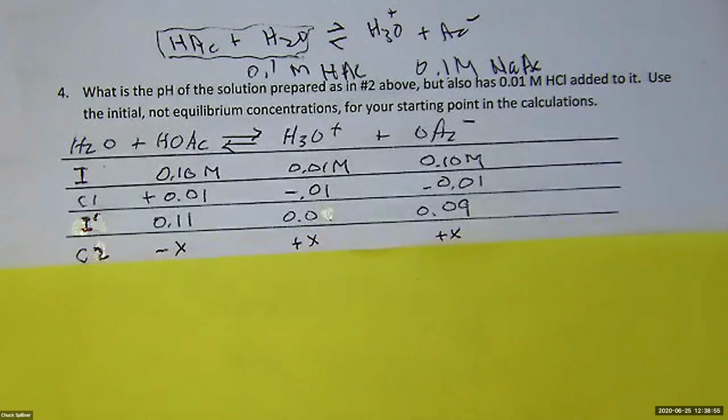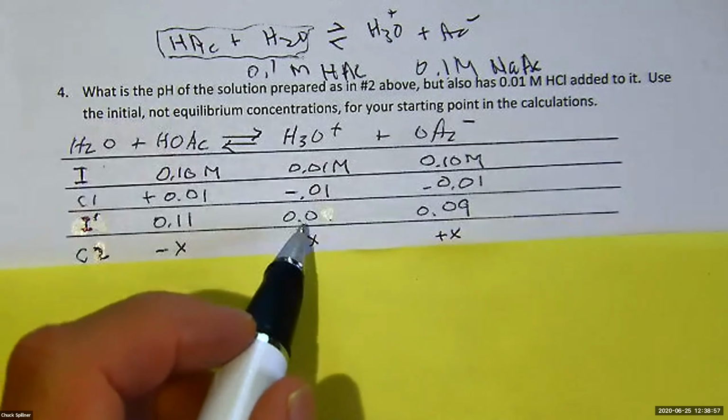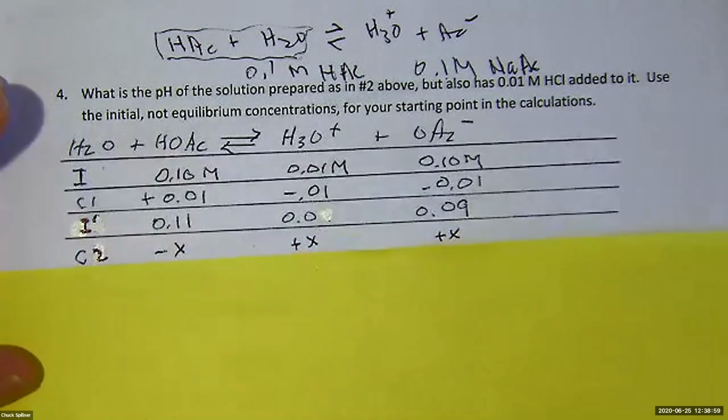Now they've got to change because you don't have any hydronium here. So we've got to produce some. So it's going to be minus X, plus X, plus X. So we end up with 0.11 minus X at equilibrium, X for hydronium ion, and 0.09 plus X for acetate ion.